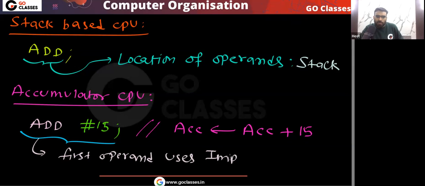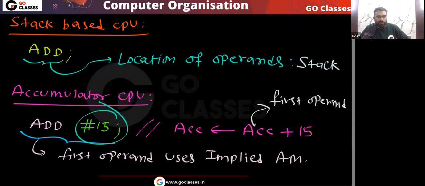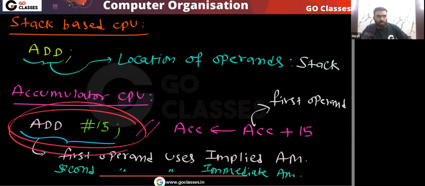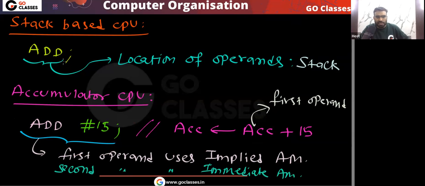It uses implied addressing mode, because the accumulator is your first operand. The second operand is this 15, so the second operand uses immediate addressing mode, and the first operand uses implied addressing mode.